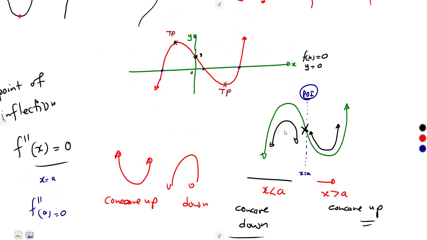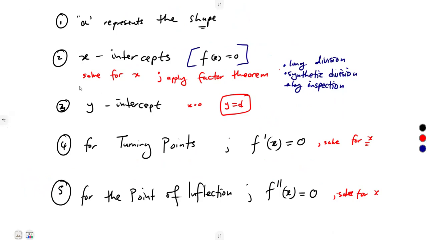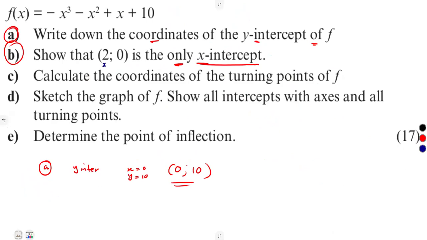And that's a condition that we are supposed to solve by applying our factor theorem and using any one of these: long division, synthetic, or by inspection, any one. You see, guys. So this is what we had here on B to show that. So we are given our f of x as negative x cubed minus x squared plus x plus 10.